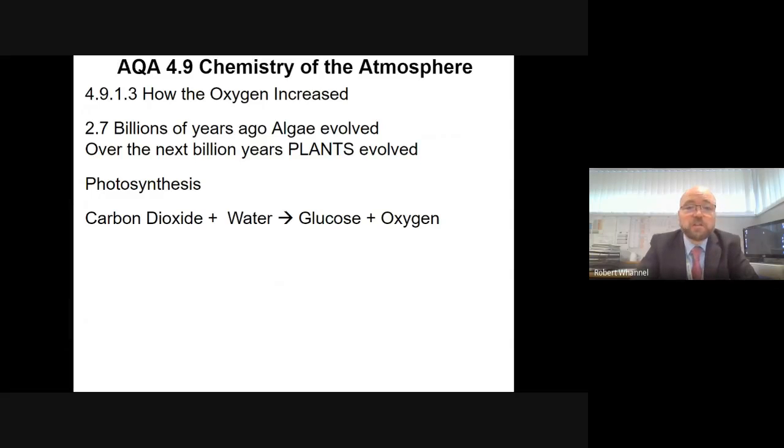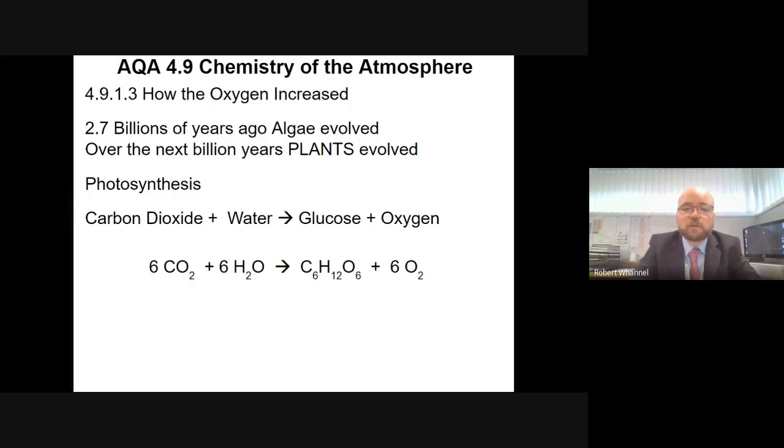And the oxygen is just released as a byproduct there. So as all this photosynthesis was going on, the amount of oxygen in the atmosphere went from nothing to now 20 to 21%. Balanced equation: 6 carbon dioxide, 6 water goes to C6H12O6, which is glucose, and 6 O2. So just remember the number 6 for this.